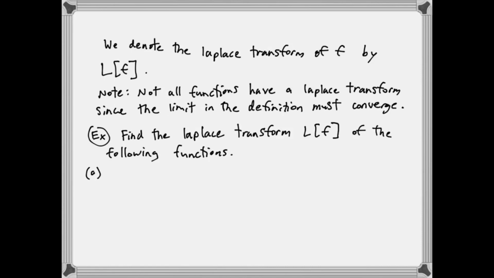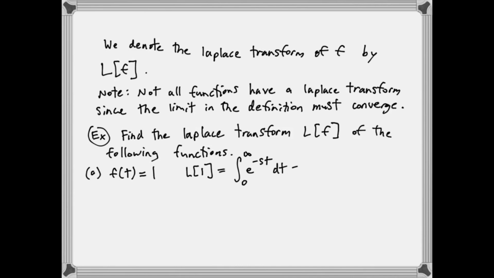Let's start with part A. What if we just have the function f of t equals 1? What's the Laplace transform of 1? Let's write the definition down. It's the integral from 0 to infinity of e to the negative st times 1, so it's just going to be that integral.